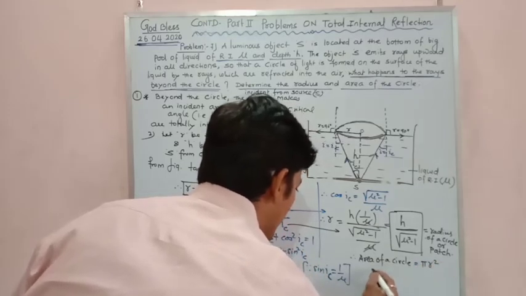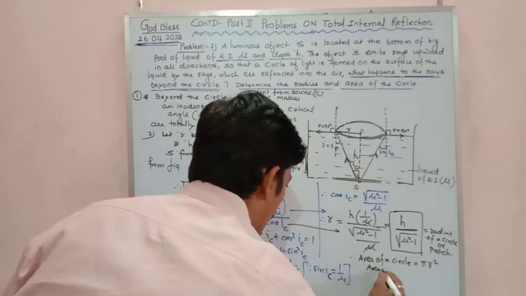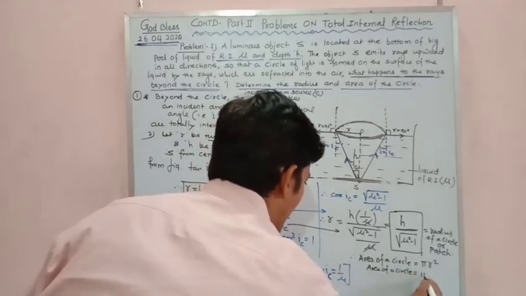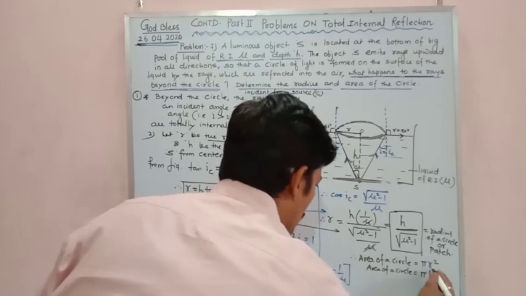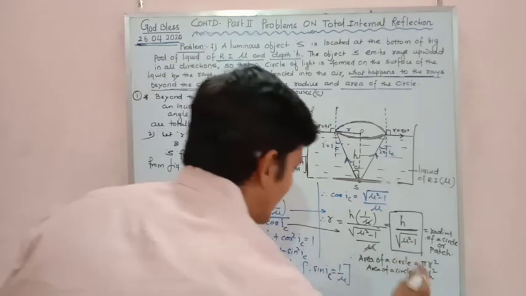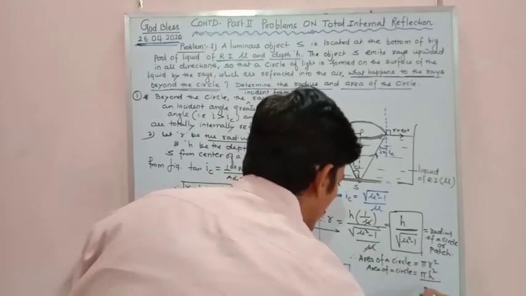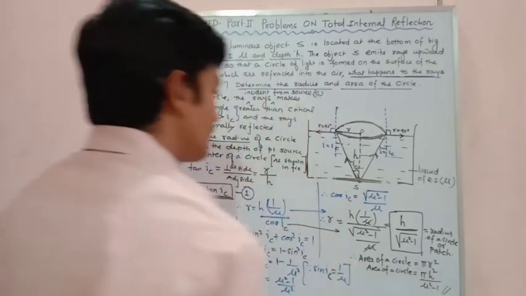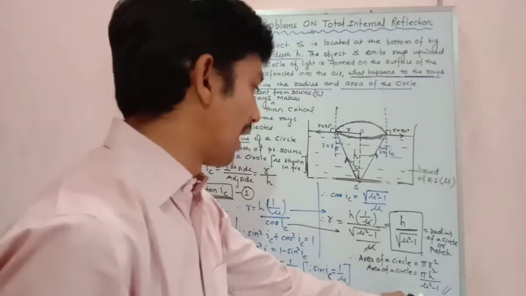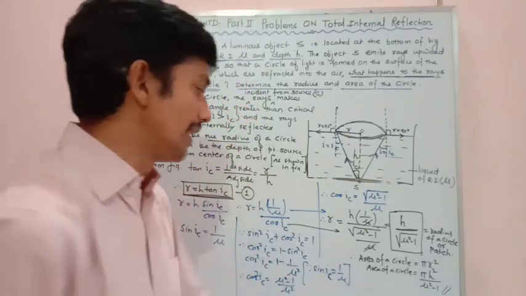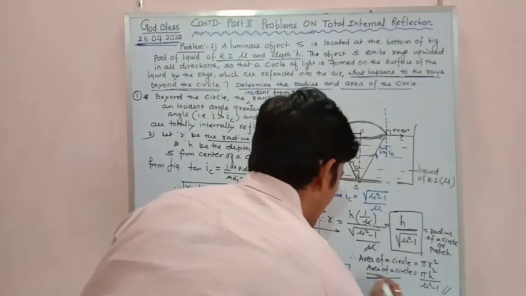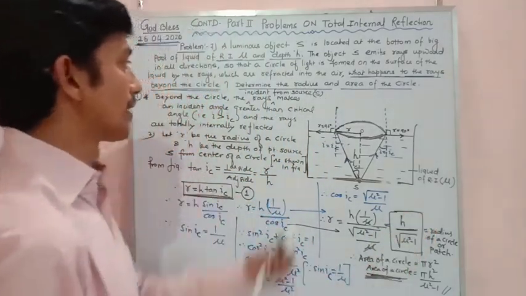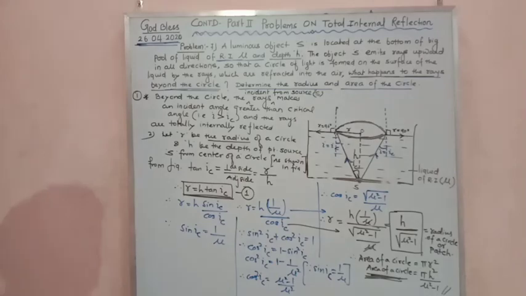So the area of the circle will be pi H square upon mu square minus 1, because when I square r, I get this answer. So this is the area of the circle, and the one I calculated earlier is the radius of the circle. This is the question asked.